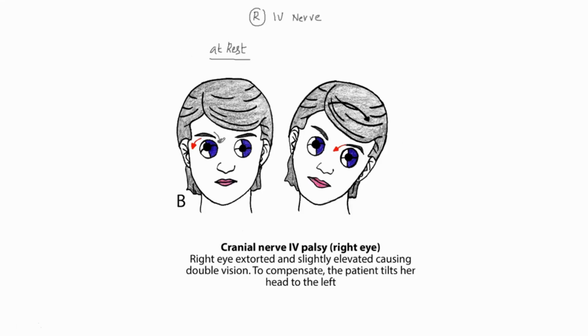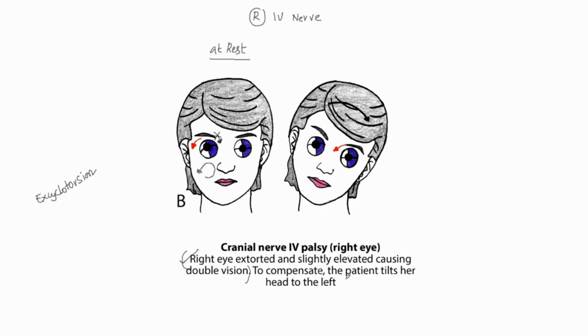Because of the failure of the intorsion, as I already told you, at resting condition you will slightly see the extorted right eye. We call this excyclotorsion. Normally in a paralysis patient, you will not see excyclotorsion because the patient tries to correct this condition. How he is trying to correct it, you see now. The right eye is extorted and slightly elevated. This leads to double vision. We know this point.